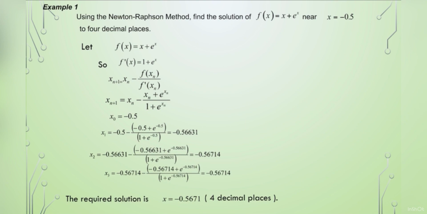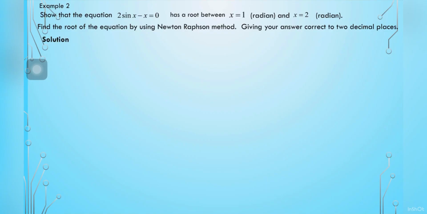As you can see, the first approximation is -0.5, then a better one is -0.5671, which is more accurate. But this is still approximately equal to the root of f(x) = x + e^x.